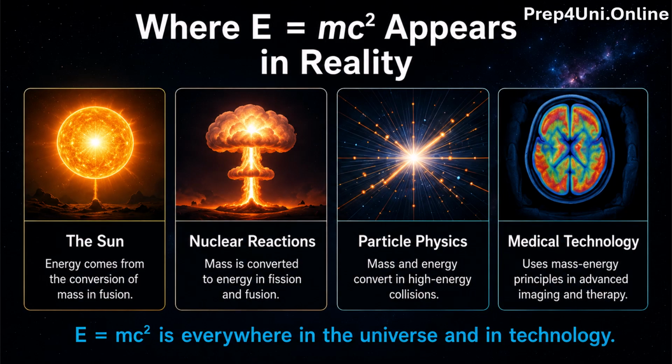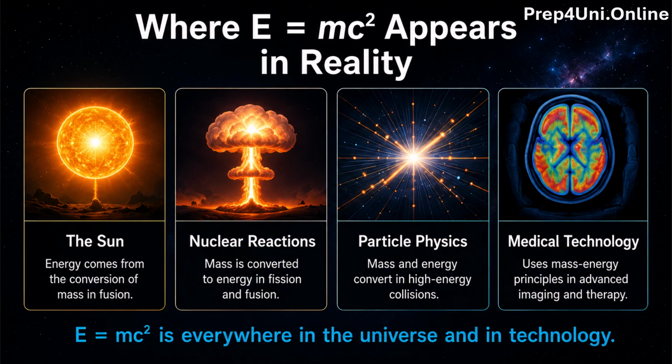E equals mc² appears in many areas of real physics. It helps explain nuclear fission, where heavy atomic nuclei split into smaller nuclei and release energy. It also helps explain nuclear fusion, where light nuclei combine to form heavier nuclei. It appears in particle physics, where energy can produce new particles with mass.